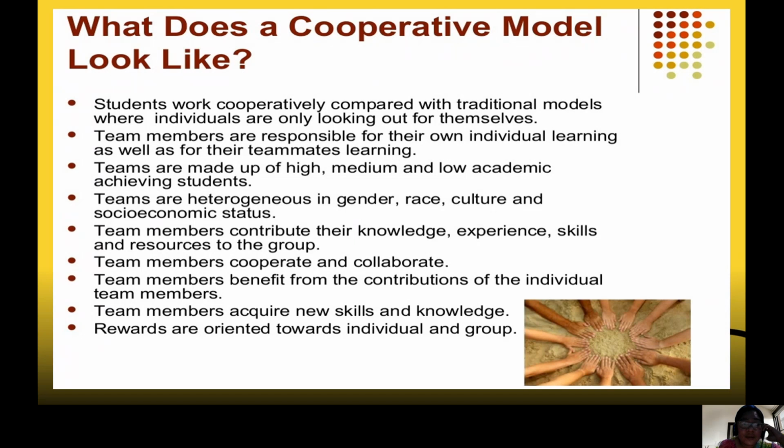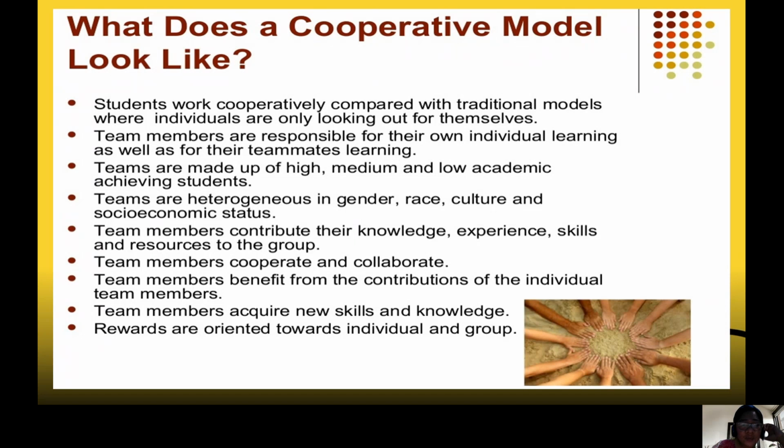Team members are responsible for their own individual learning as well as for their teammates' learning. Each member of the group is responsible for their own learning and for their teammates. Groups are made up of high, medium, and low academic achieving students.